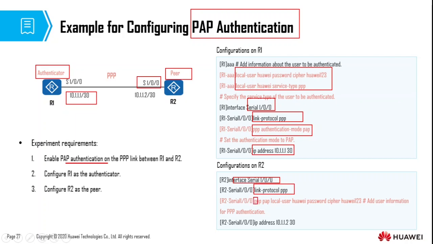Then we specify the user and the password: ppp pap local-user Huawei, the one we created here, password cipher Huawei123. After we've done that, we can also configure an IP address. So here we are doing static negotiation.